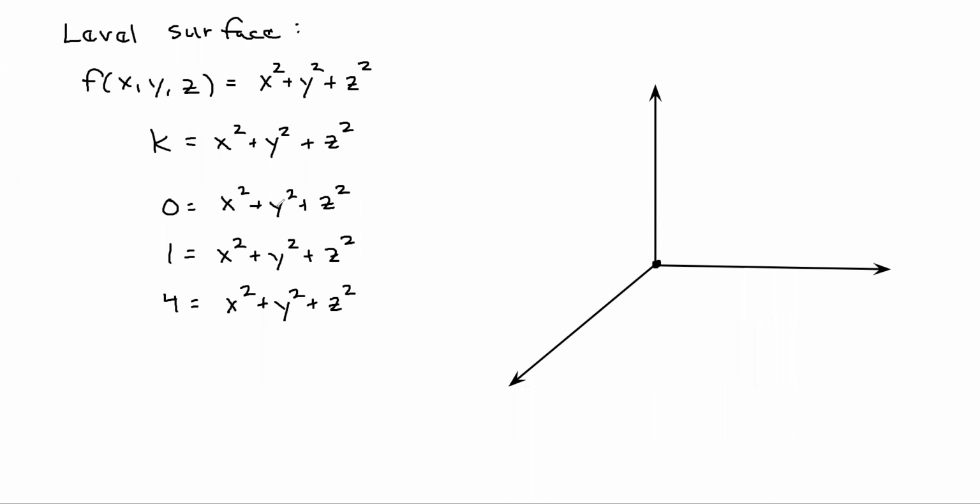That's our first level surface. And then x squared plus y squared plus z squared equals 1. That's going to be a sphere of radius 1. So let's say this is radius 1 here, here, here, here, and here.